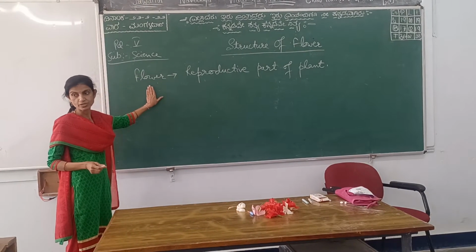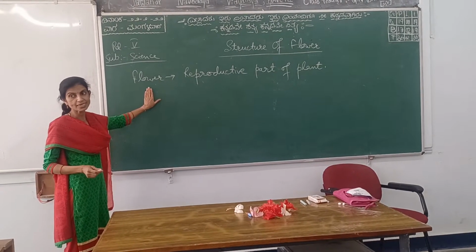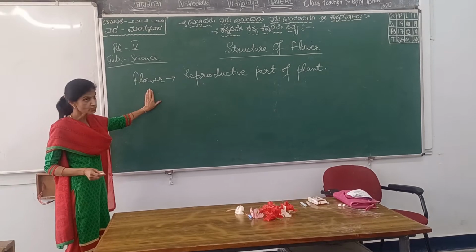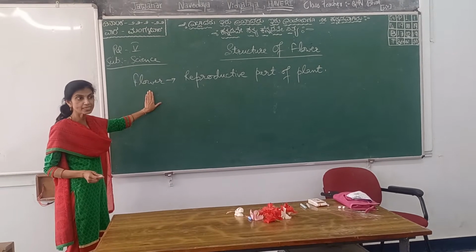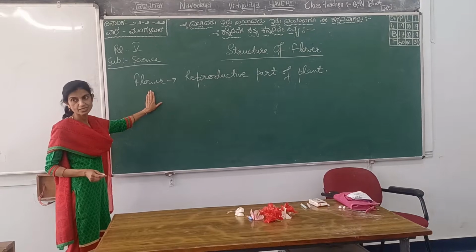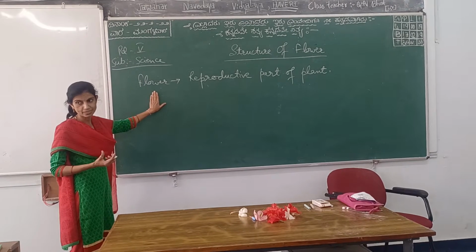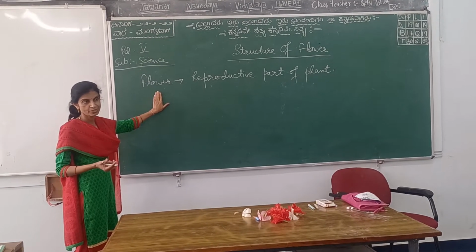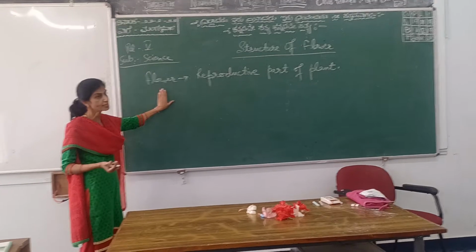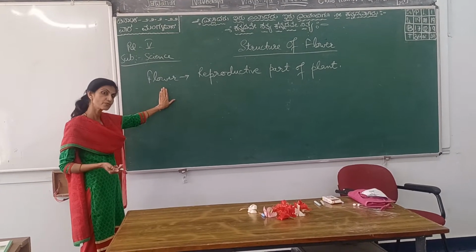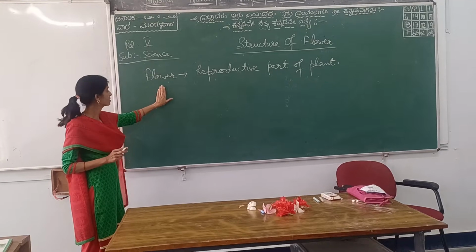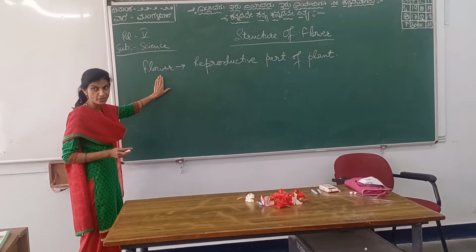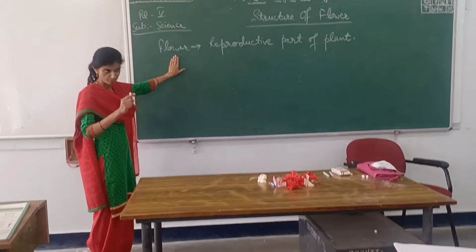In place of flower, after fertilization, fruit is formed, and in the fruit seeds are formed. And from seeds, you get new plants. New plants are getting produced. From which part of the plant? That is from flower. So it is a sequential process.